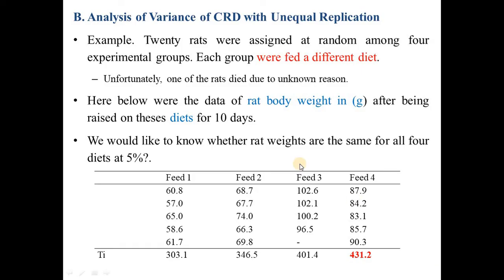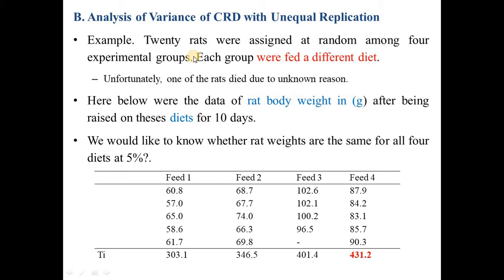Okay, we have seen that in the analysis of variance, or ANOVA, of CRD with equal replication. Now the continued portion, ANOVA of CRD with unequal replication, is started here.